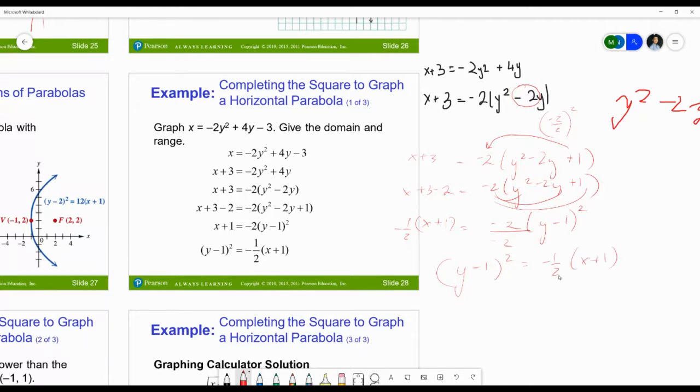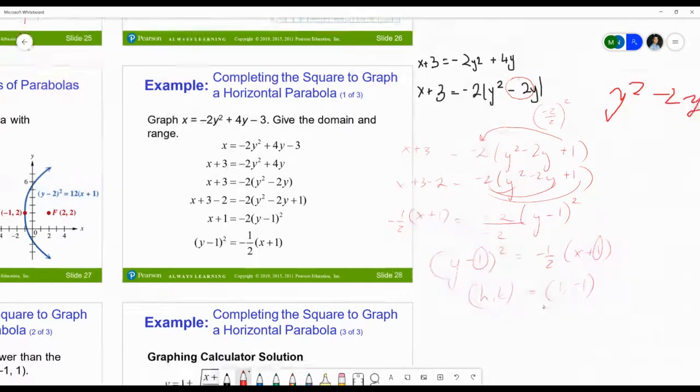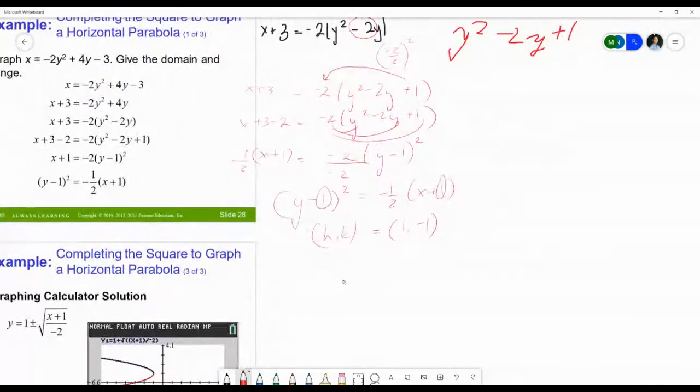So in this form, we get our h and k to be +1 and -1. Now we define our c value. My c value, remember that we have 4c equals whatever number this is. Divide both sides by 4. c is -1/8.